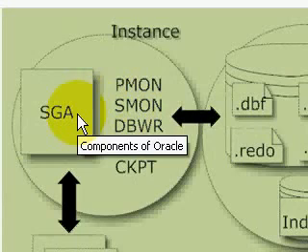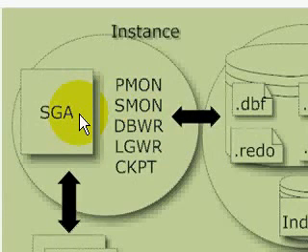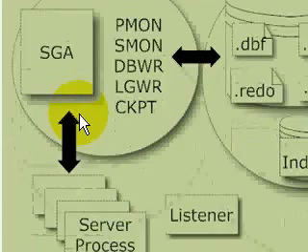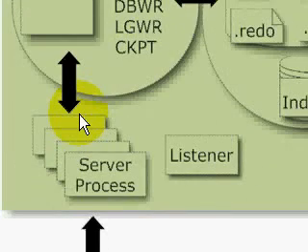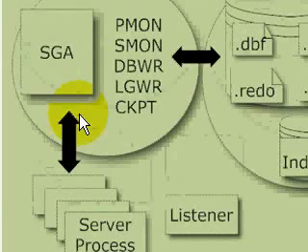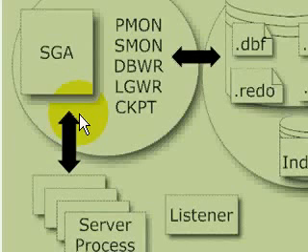Then the instance part of it consists of a system global area, and then a number of processes that are used. And we have the server processes, the process monitor, the system monitor, the database writer, and the log writer, and then the checkpoint.